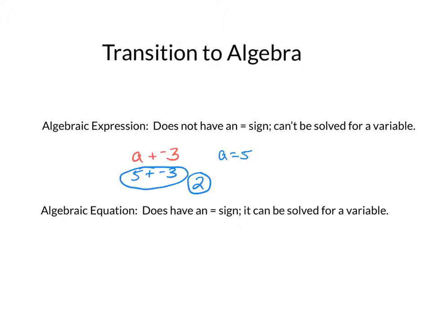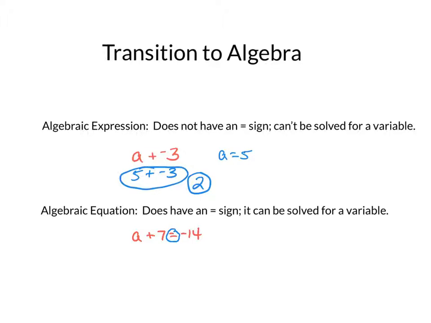On the other hand, an algebraic equation does have an equal sign, and it can be solved for a variable. If you were given a plus 7 is equal to negative 14, now I have an algebraic equation because I have an equal sign, and I can go through and solve that.